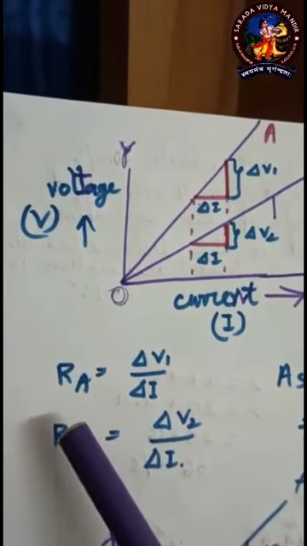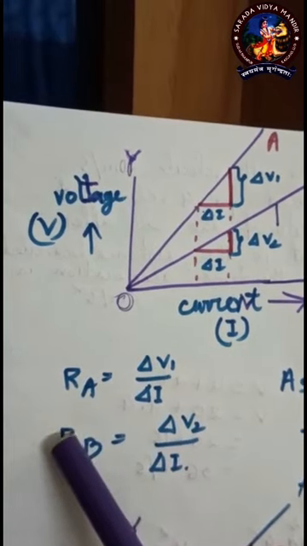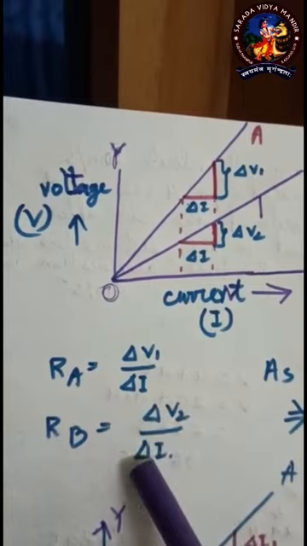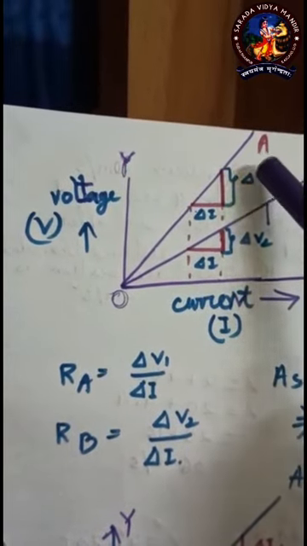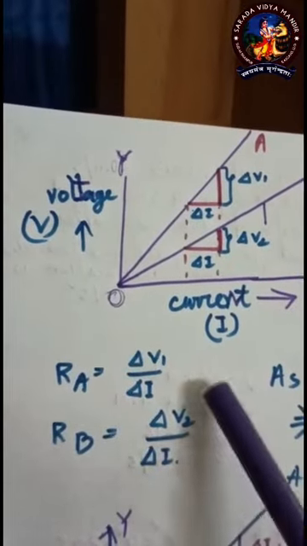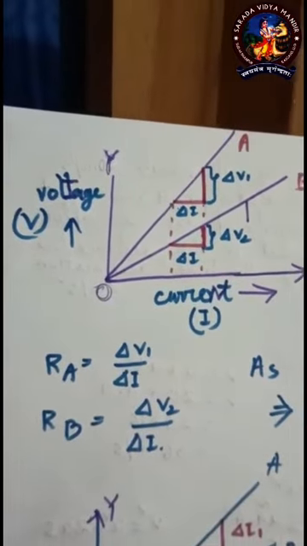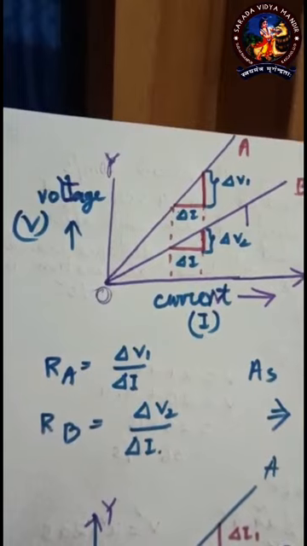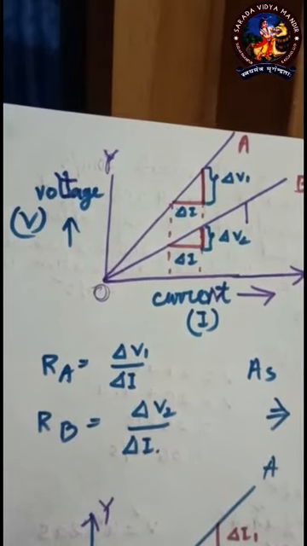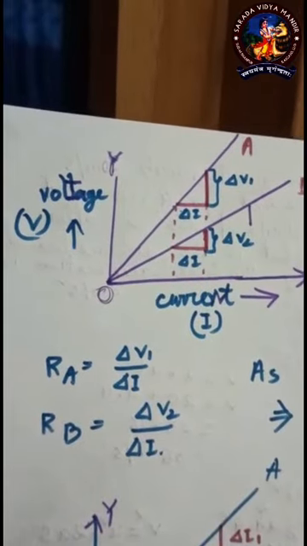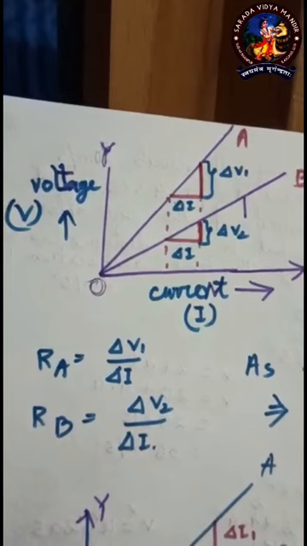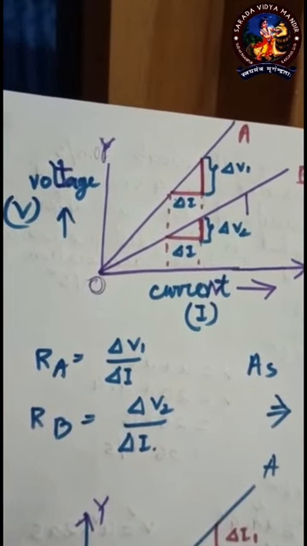And what will come for the resistance of graph B, that is RB, that would be del V2 by del I, because here you can get that it is opposite by base, and here too it is opposite by base. So we are getting two resistances out of those graphs. Now if my question is which graphical representation is representing more resistance, that is where the resistance is more, if the question comes like that, then you have to solve it like this.